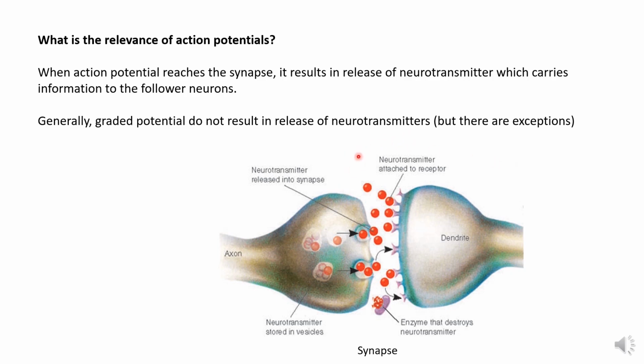And in those neurons, there are mechanisms that allow the release of neurotransmitters even in the absence of action potentials. But by and large, especially in vertebrates, most neurons do have action potentials, and in those neurons, action potentials are essential for the release of neurotransmitters. So the action potentials are very important for the functioning of the brain.